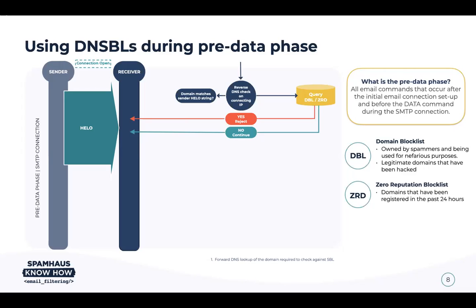The ZRD being the Zero Reputation Domains list. That is basically just a list of domains that are extremely new. And by extremely new, I mean have not seen any usage before the last 24 hours.